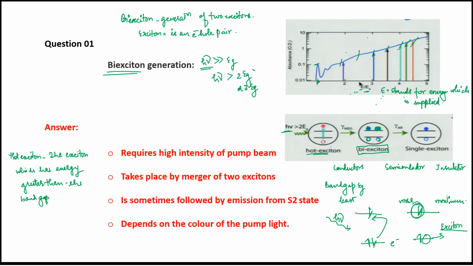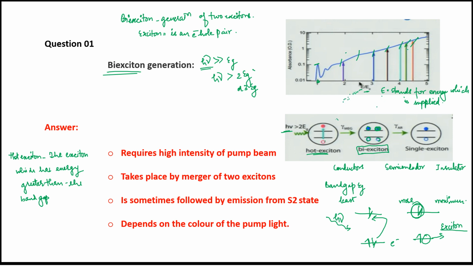There are other processes also which we have studied, for example internal conversion, intersystem crossing, fluorescence, phosphorescence, any non-radiative or radiative decay which compete with this bi-exciton generation. The single hot exciton generated may also combine with the electron, release the extra energy, and there will be no bi-exciton formation happening. Okay.